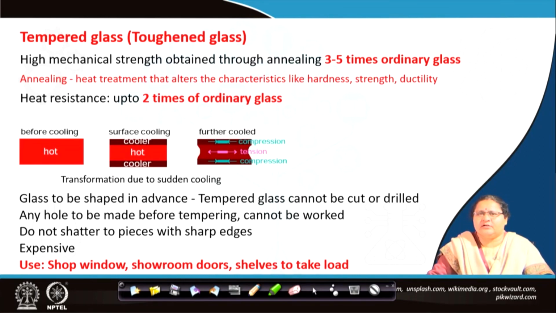Whatever drilling, whatever holes you require, whatever cutting needs to be done has to be done when it is in the formation stage. So, any hole to be made should be made before tempering.